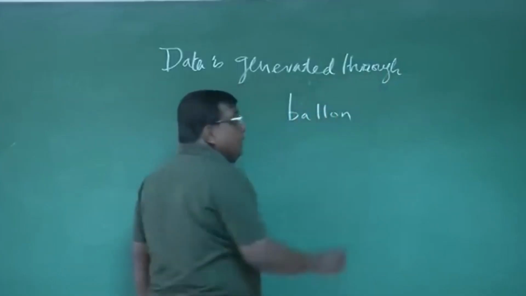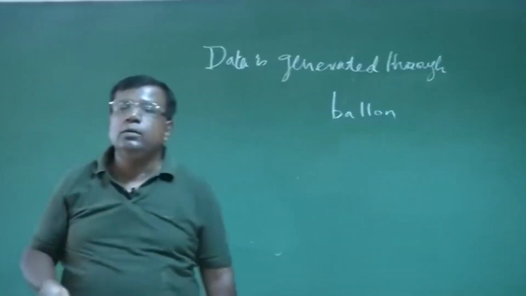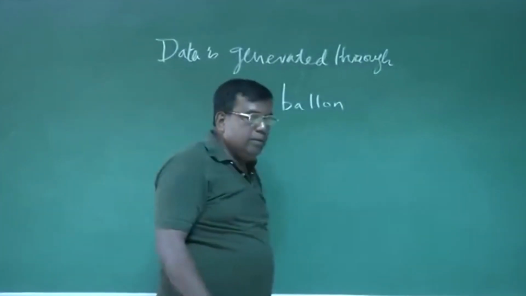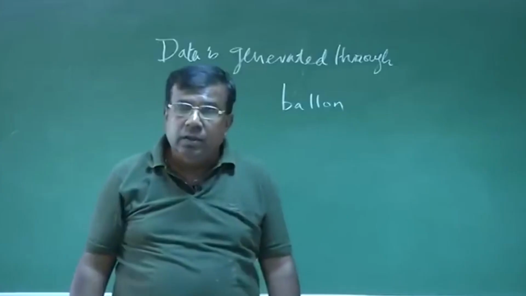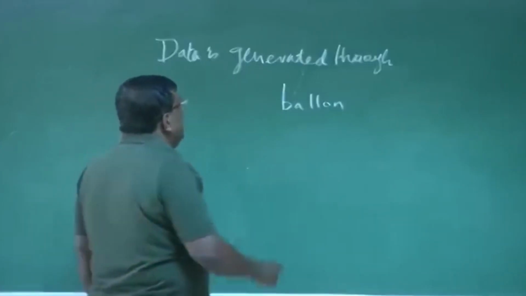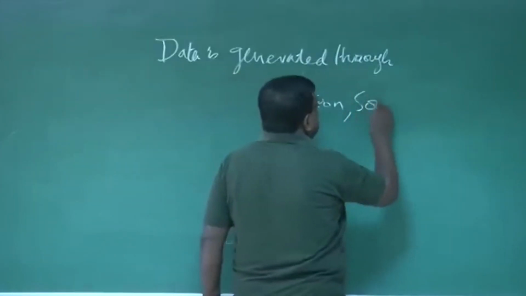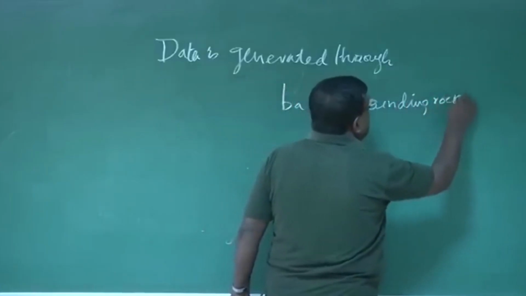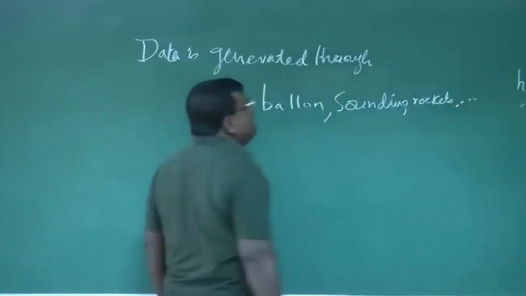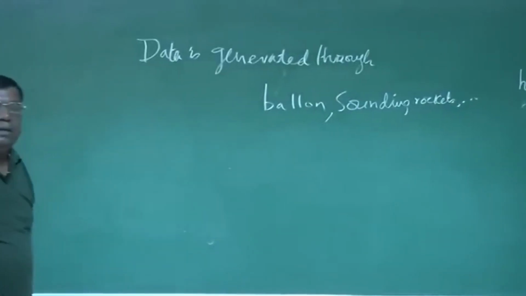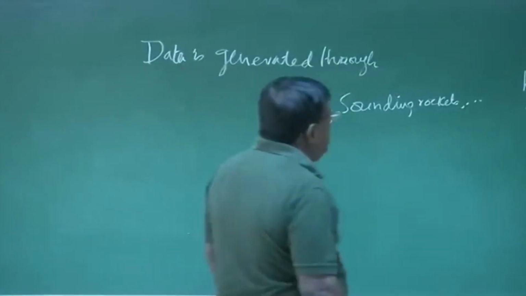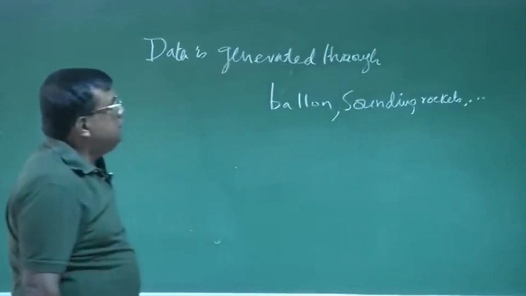You know, there are weather balloons, they are launched, and they go on sensing thermodynamic variables, primarily temperature, then sounding rockets, etc. Right? What we see classically is temperature versus altitude.